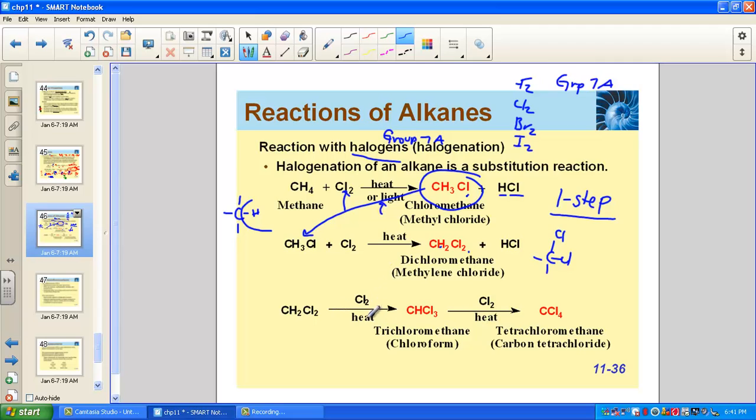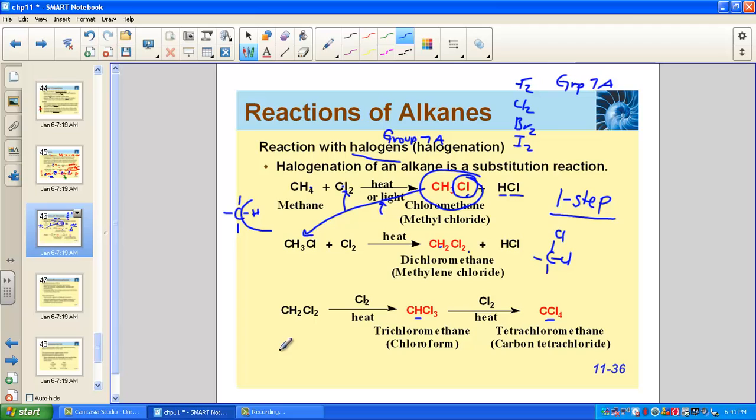If you continue treating with increased heat and light, you can replace the third hydrogen, and ultimately the fourth hydrogen is replaced. But it's a step-by-step process of halogenation. Not all at once. If you see CH4 plus Cl2, you've only received one chlorine onto the methyl group.